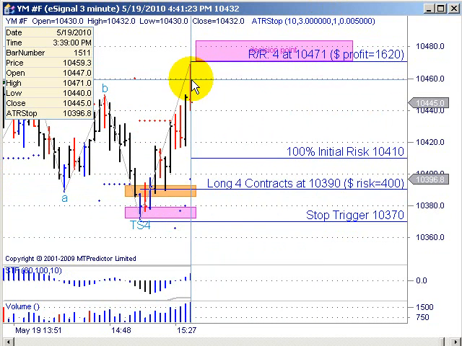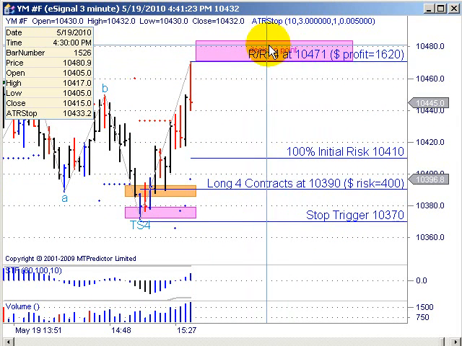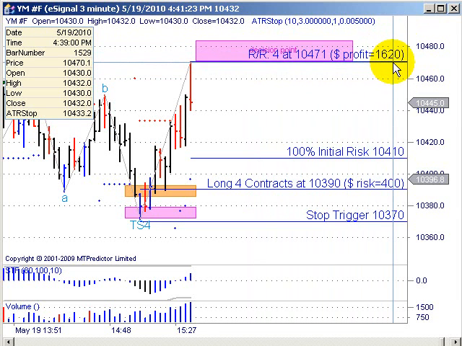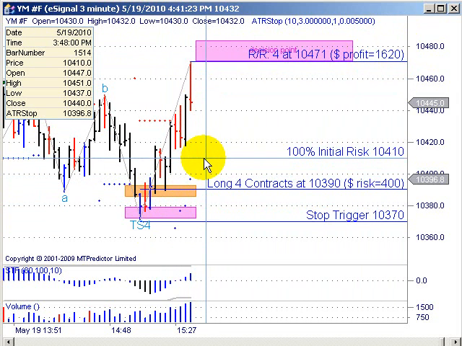Okay, right here, high of 471, we hit our target, which was a 4-to-1 risk reward with a profit of $1,620 that now we missed out on because we had moved our stop from entry to break even once we hit the 100% initial risk. So you can see how these would work for you and against you.